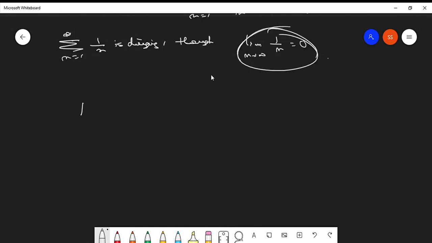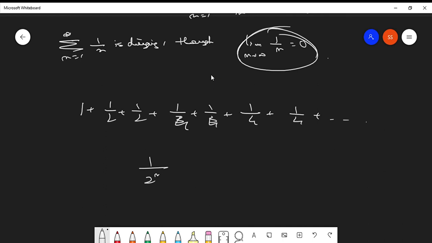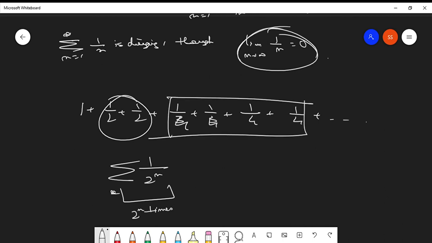Suppose you have the series like this: 1 plus 1 by 2 plus 1 by 2 plus 1 by 4 plus 1 by 4 plus 1 by 4 plus 1 by 4, and so on. That is, you are having the terms 1 over 2 to the power n, and each term is appearing 2 to the power n times. Clear?